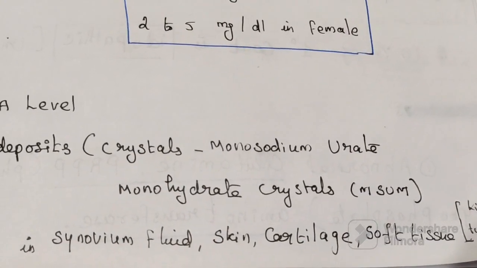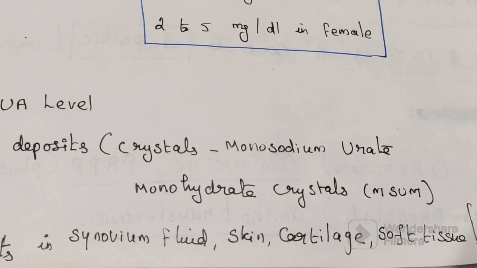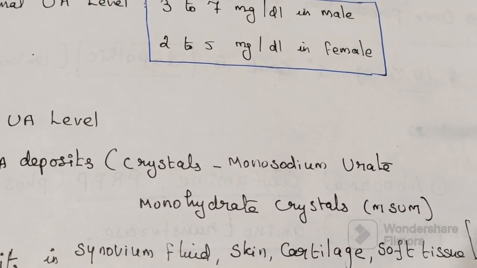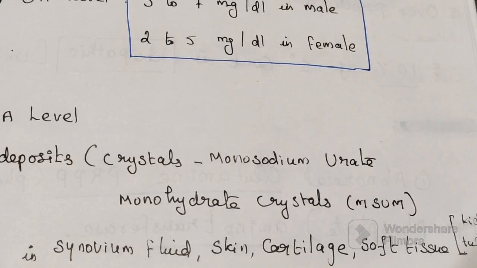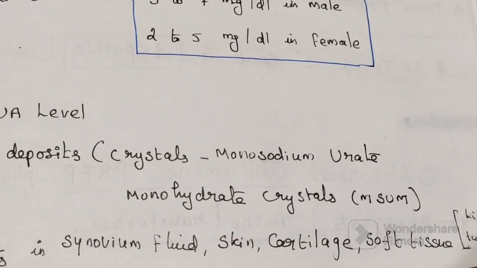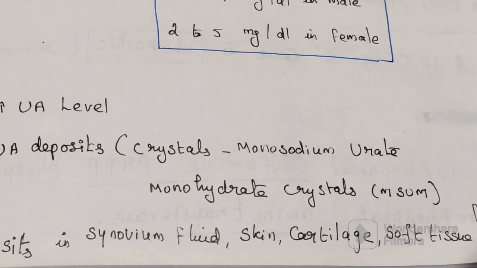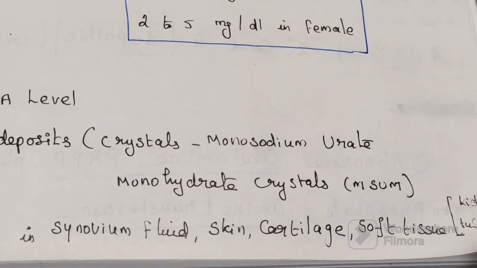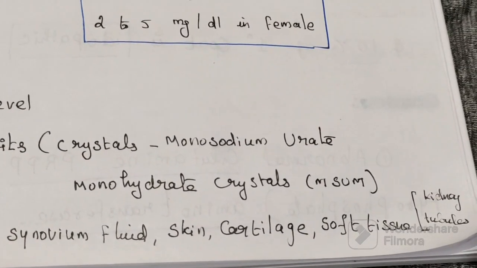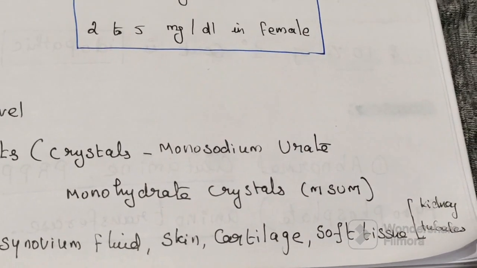Gout is characterized by increased uric acid level. Uric acid deposited in crystal form is known as monosodium urate monohydrate crystal. This is deposited in synovium, joints, under the skin, cartilage, and soft tissue like kidney tubules.